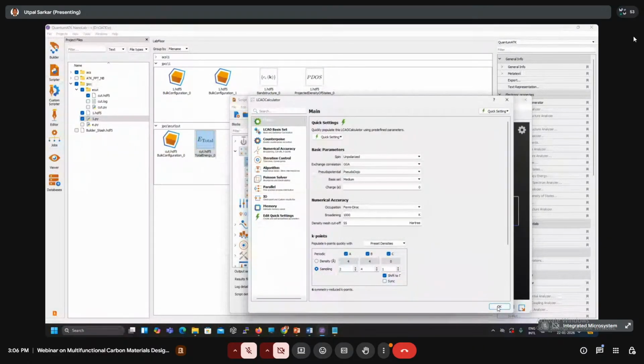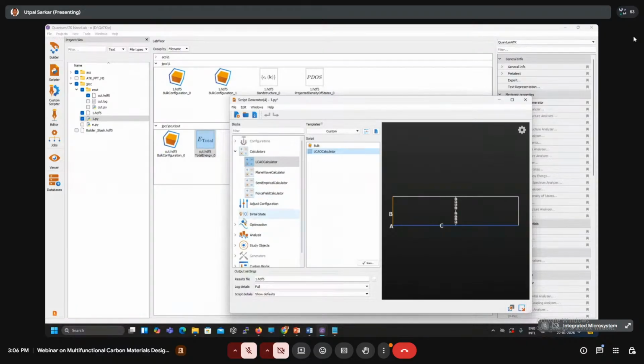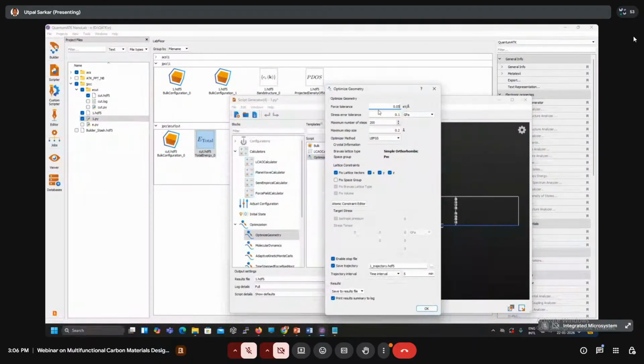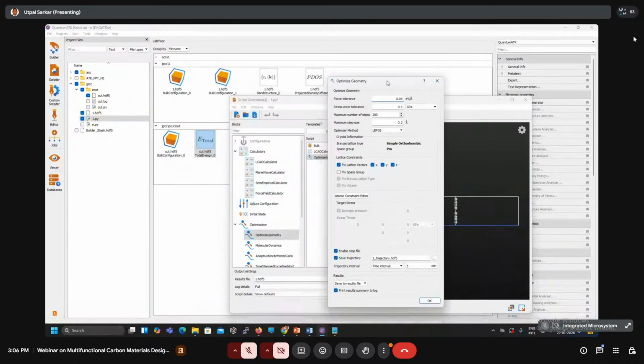Here I am putting the default only because I have to show the optimization part now. This is the optimized geometry you have to choose, and here you have to choose the force tolerance and stress error tolerance. You can set different threshold values, whatever you need.